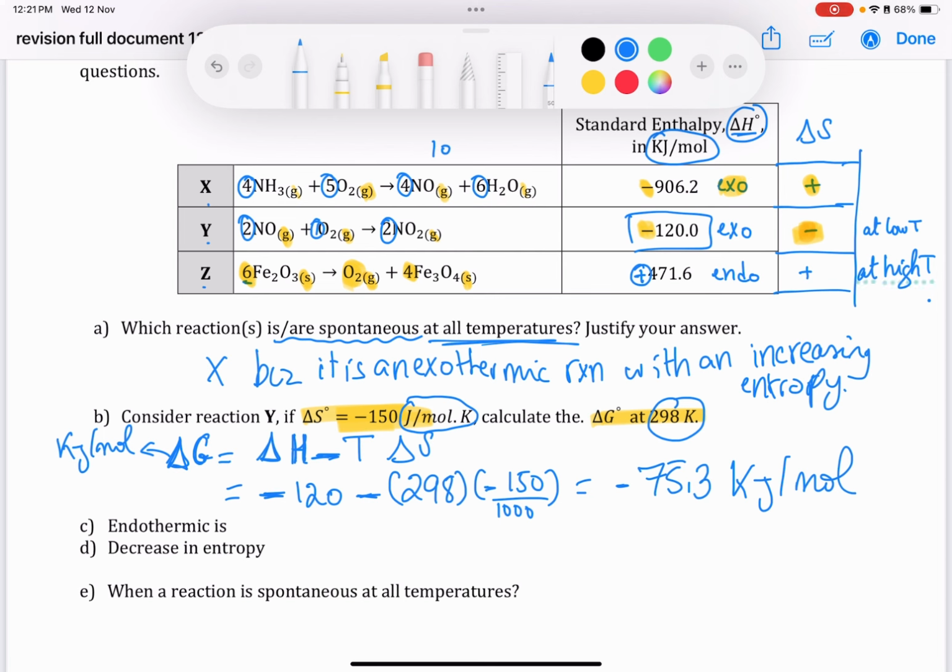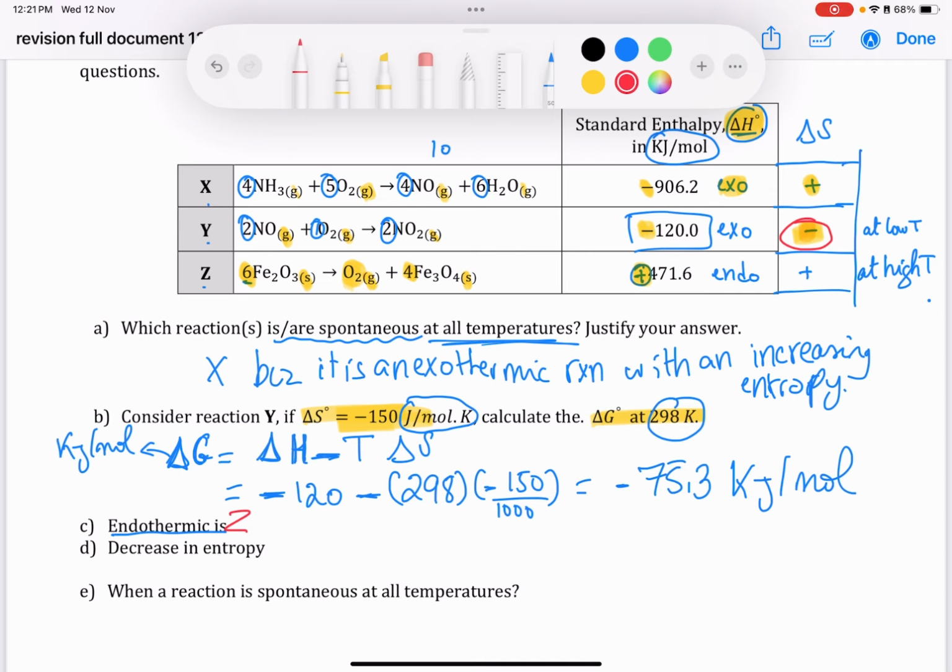Now, which one is endothermic? Endothermic is the one having positive delta H. So I select from the table the positive delta H, that is Z. Which one has a decrease in entropy? It means which one has a delta S negative?